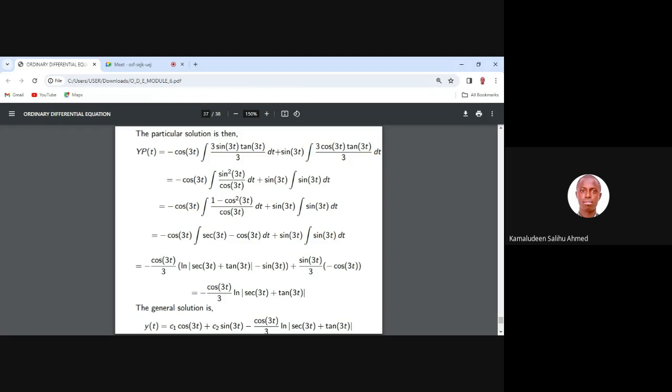Reduce it to this. So from here, when you take the integral of sec 3t minus cos 3t dt, so you have nothing but ln.